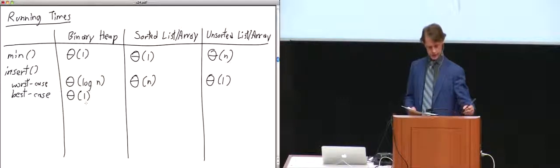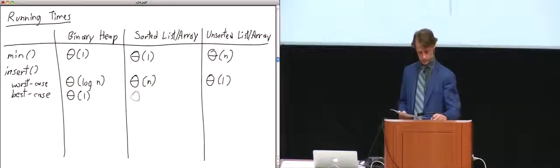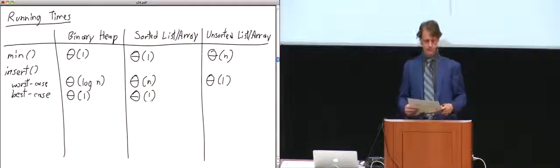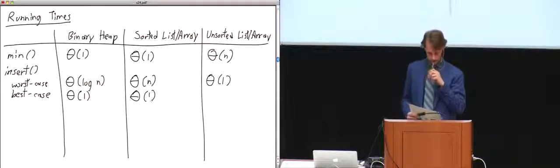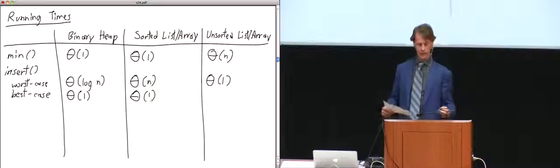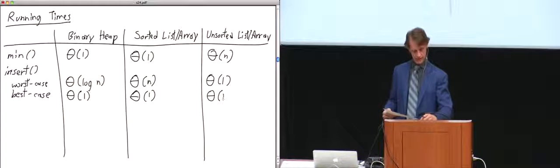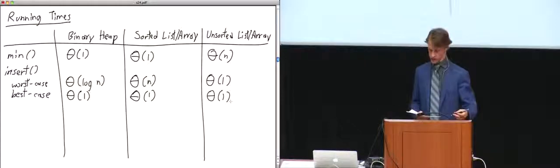And with a sorted list, sometimes you get lucky and you find the right place to insert the thing really quickly. And of course, with an unsorted list, the best case time can't be any slower than the worst case time.